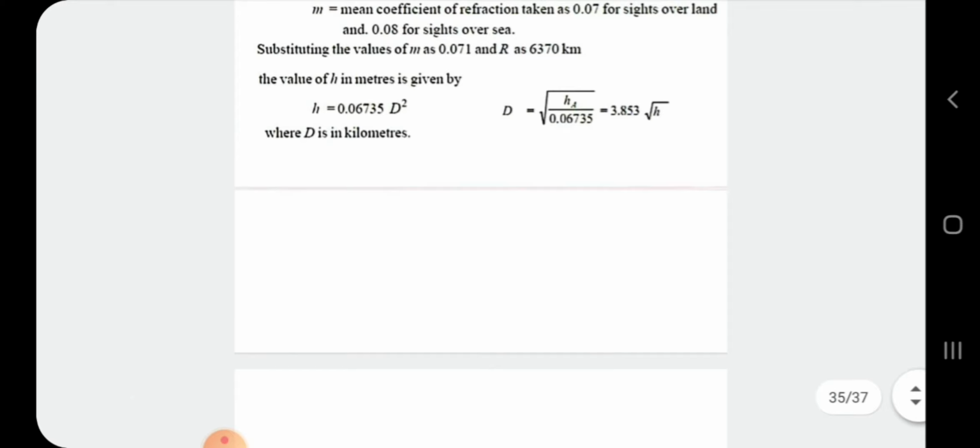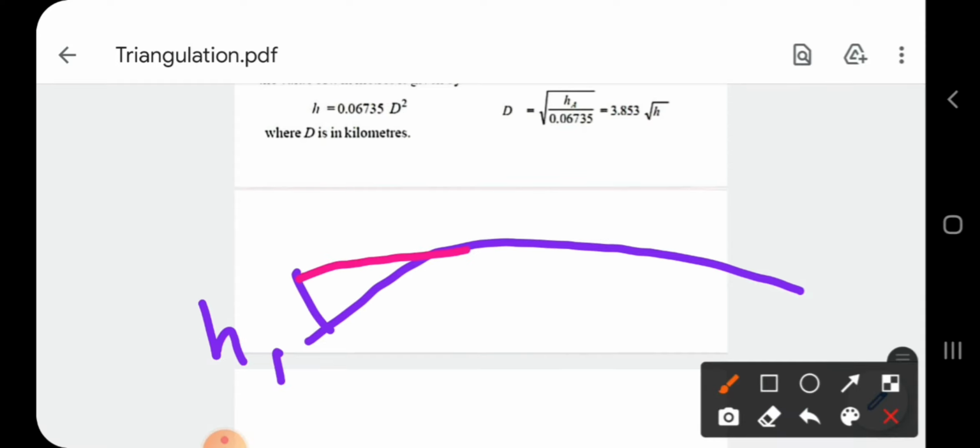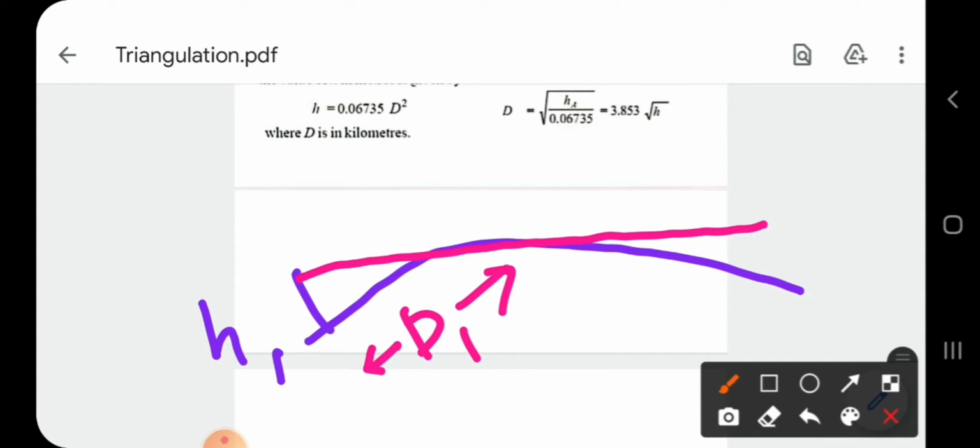So we'll discuss an example. For example, this is the earth and our station is at a height h1 above the datum, and our line of sight is like this, such that the horizon distance of our station 1 is d1, and we need to find the height of the line of sight at the next point.